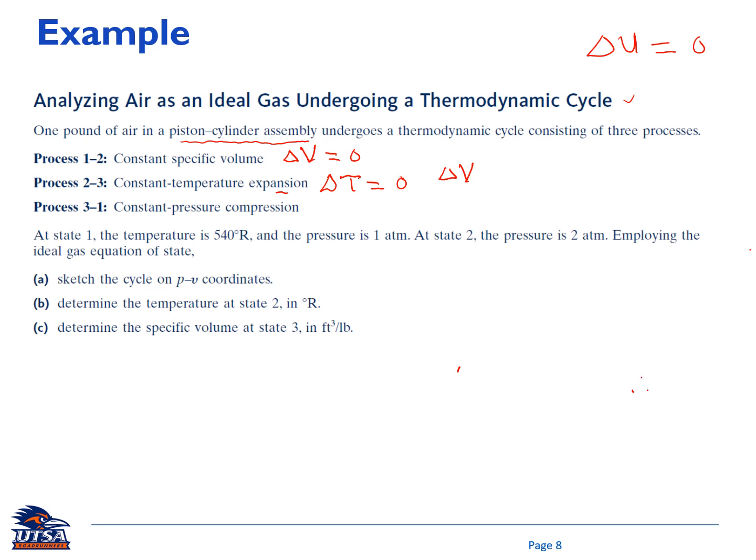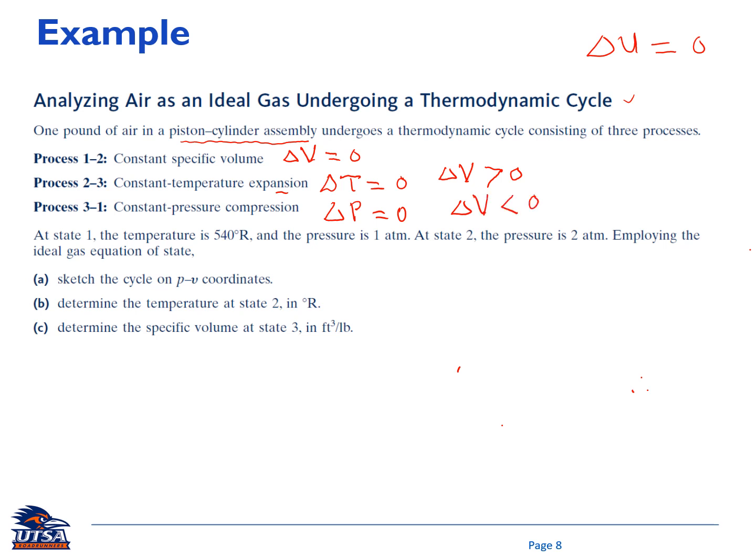So here delta V, or volume, is positive, so expansion. And then the third process changes state 3 back to state 1, completing the cycle. It occurs at constant pressure and compression. So in this case, we have delta P equal to 0 and delta V less than 0.